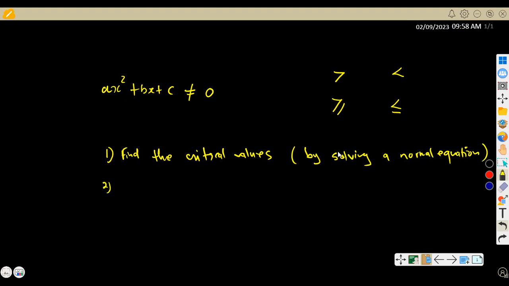Then after finding the critical values, you are going to apply either graphs or tables to find the exact solution, or to find the required inequalities.